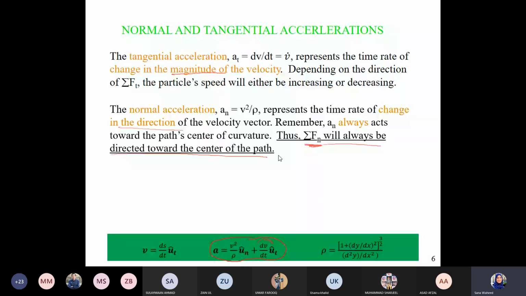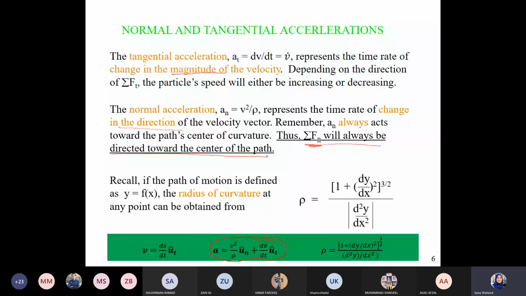Usi tarah, because Fn will always be directed to, and it always seeks the center, that's why it's known as the centripetal force, center seeking force. Perfect. Finally, the rho that we need for our normal acceleration, the radius of curvature, we can get just by using calculus. We'd not derived this, but this is the result that we have. So these formulae, of course, will be provided to you.